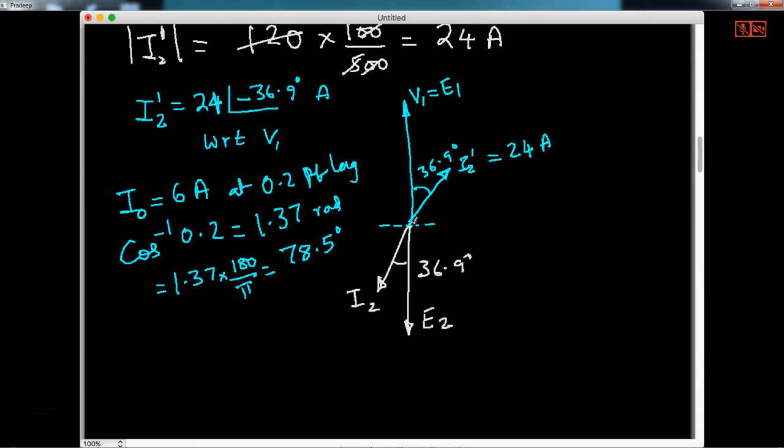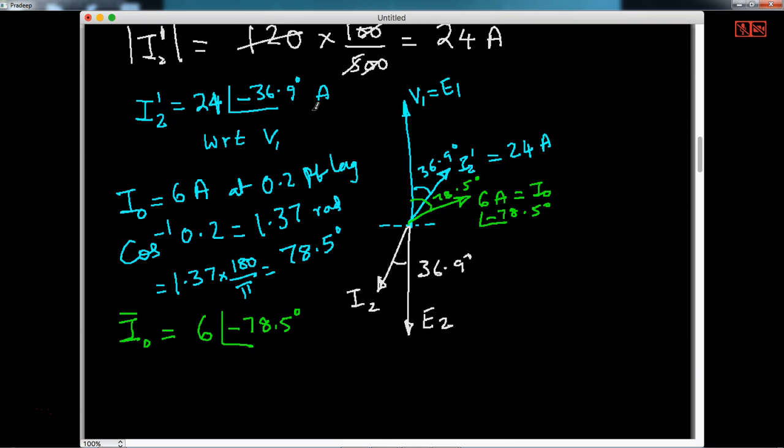So let me draw the I0 now. This is 6 amperes, this is I0, and the angle is minus 78.5 degrees. By the way, why am I giving minus? Because V1 is reference and this is lagging. So this angle is 78.5 degrees. Therefore the vector representation of I0 is 6 at an angle of minus 78.5 degrees.